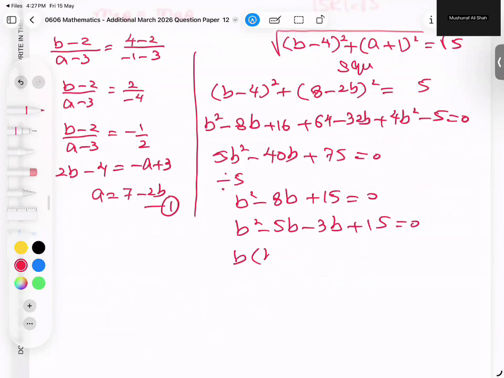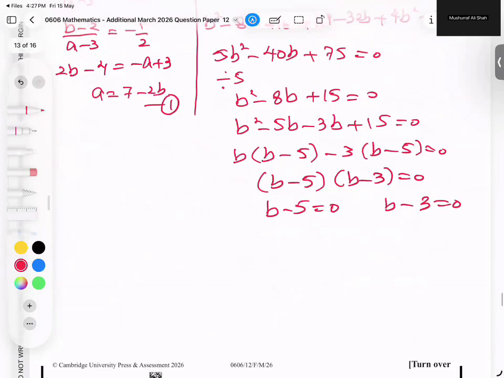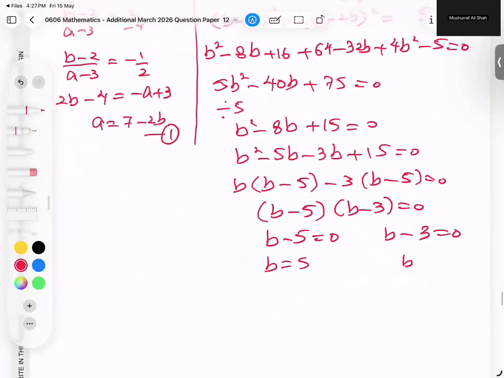B common, I get b minus 5, negative 3 common, b minus 5. And I'm getting b minus 5 and b minus 3. One time this is 0 and one time the other part is 0. I'm getting two answers, 5 and 3.